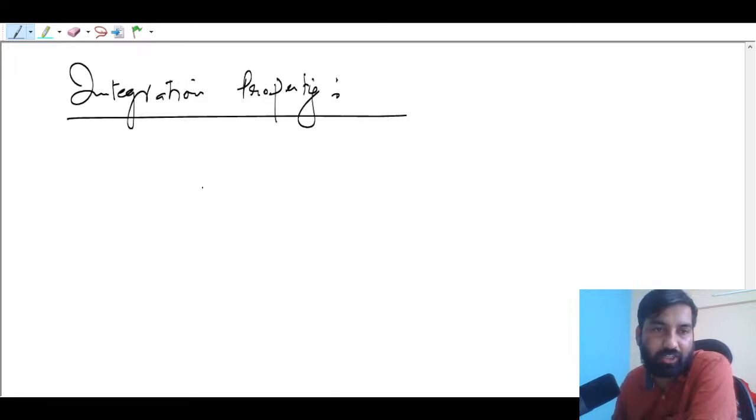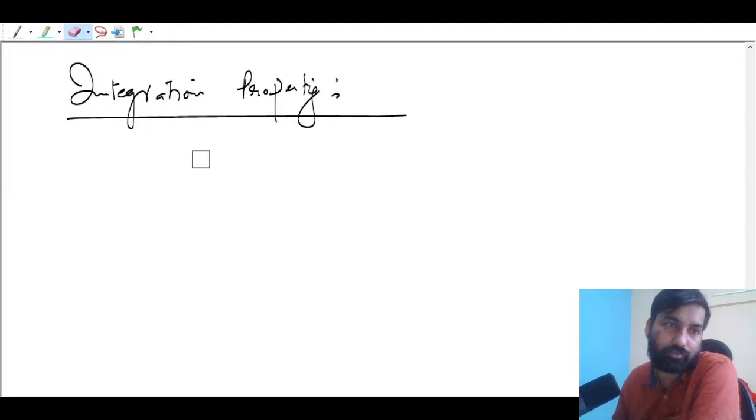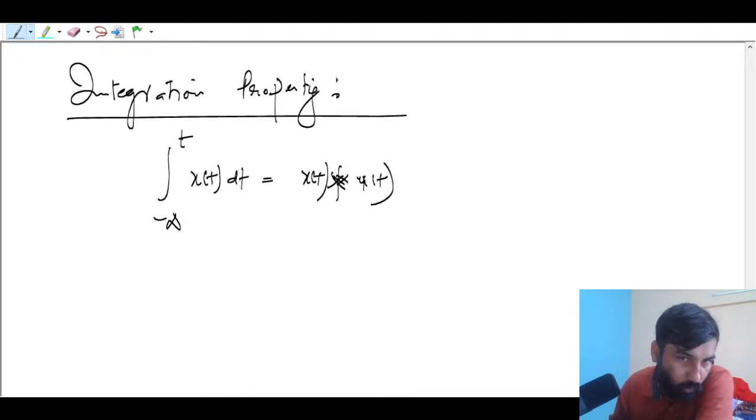Suppose you are given the integral from minus infinity to t of x(tau) d tau. What is the Fourier transform of this? By definition, this is nothing but x(t) convolved with u(t). Convolution in one domain corresponds to multiplication in another domain, right?